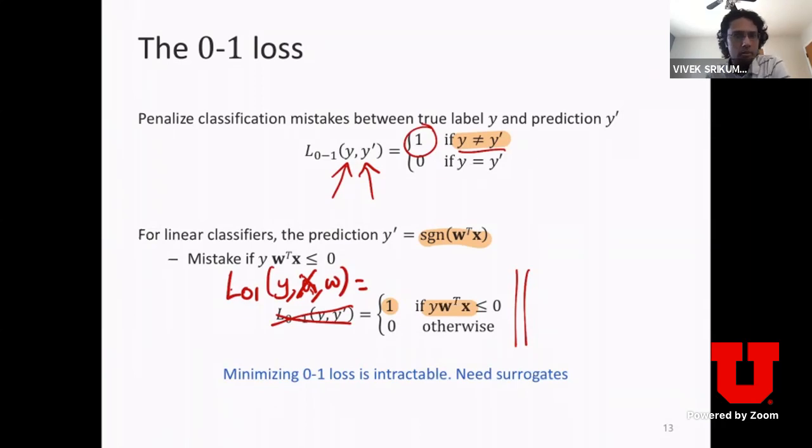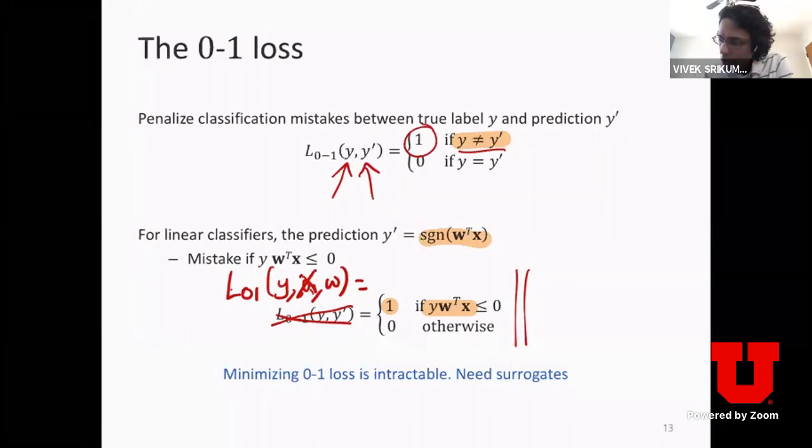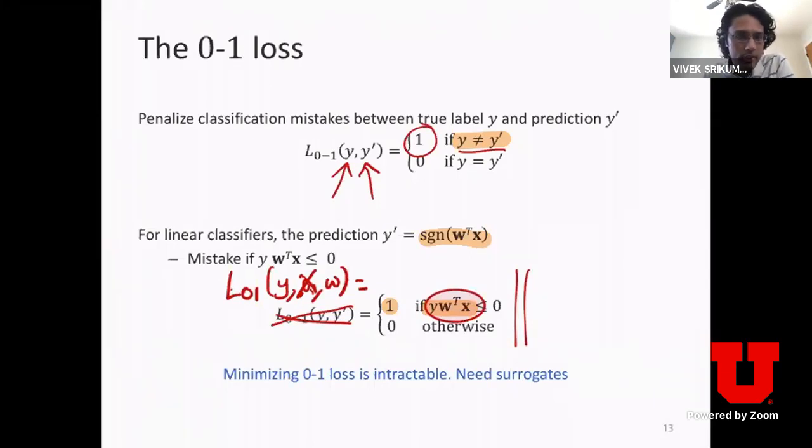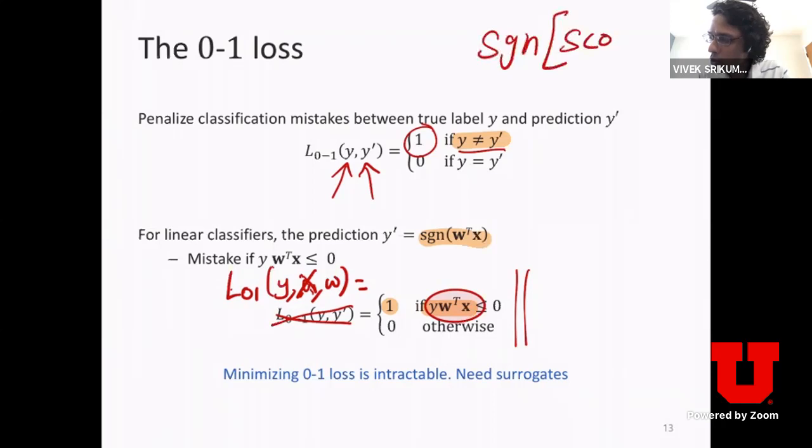Is there a graphical way to visualize this? That's a fantastic segue. Remember that this function here, the loss function, is at least for linear classifiers, and more generally for any classifier where you make the prediction as sign of some score of an example.